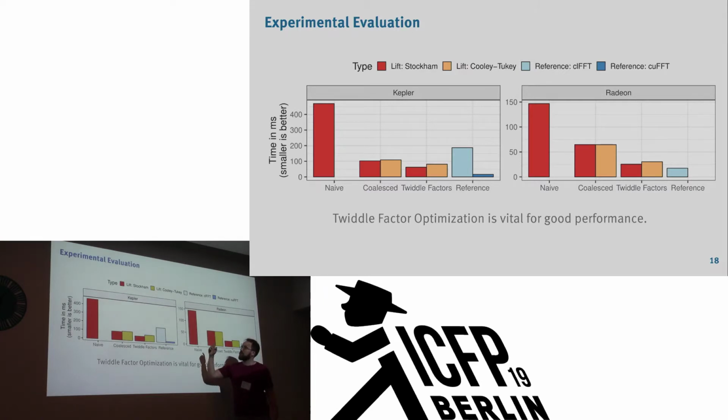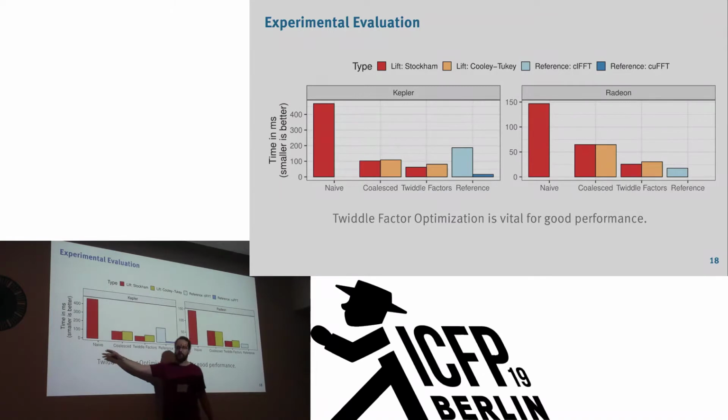And we measured on an Nvidia Kepler GPU and an AMD Radeon GPU the runtimes in milliseconds. The naive version of the Stockham is what we saw earlier with mult B. The coalesced version is a version where we rewrote the data accesses so that the hardware can coalesce memory accesses, and the twiddle factors version uses this coalescing rewriting and also the twiddle factor optimization, which I showed earlier.